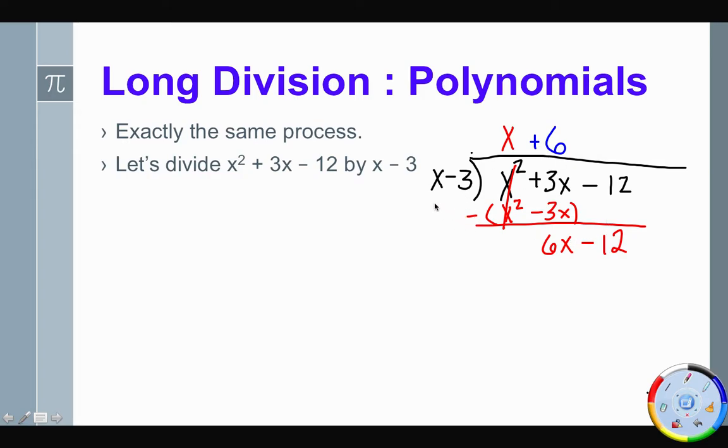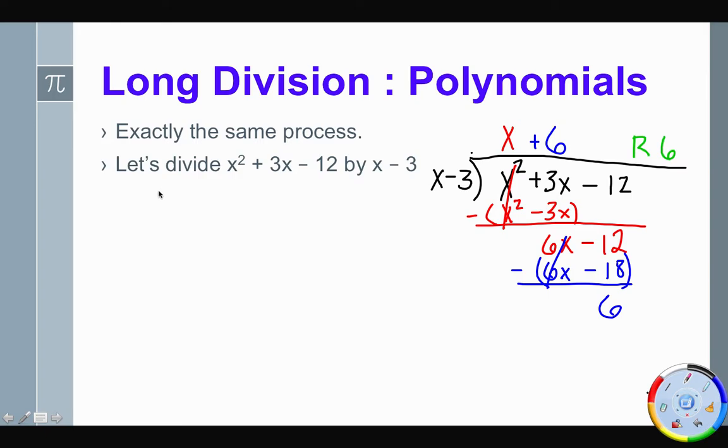If we took plus 6 and multiplied by x minus 3, we get 6x and minus 18. We're going to subtract. 6x minus 6x is 0. Negative 12 minus a negative 18 is positive 6, which means we get a remainder of 6.